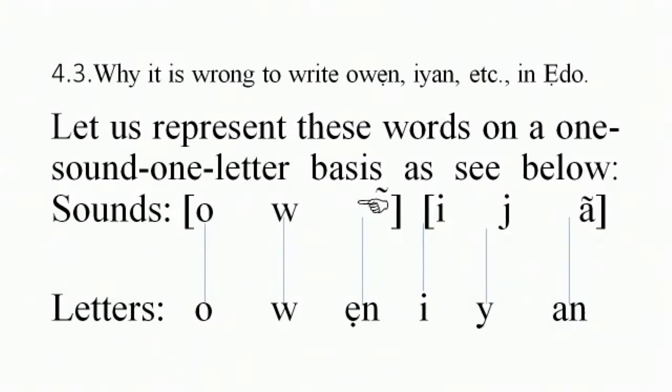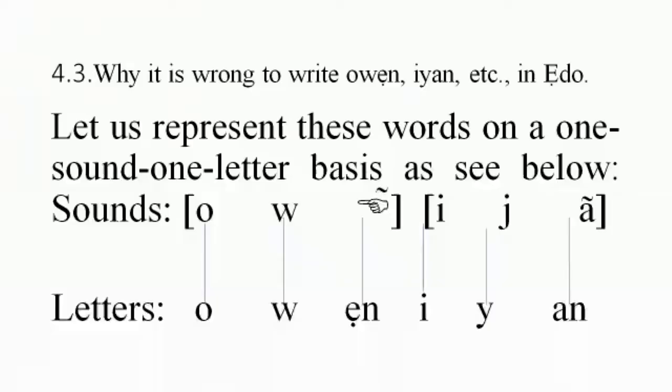When you analyze it on a one sound, one letter basis, as we have been doing so far, you will find that the letter O is used to represent the sound O, the letter W is used to represent the sound "we", and the digraph E with a subdot followed by N is used to represent the sound N. And phonetically, that word will be pronounced as O-O-W.